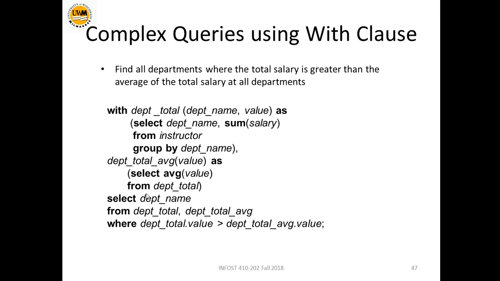We will create the average value, and then we use these two in the following query: select department name from department total and department total average where the department total.value is greater than the department total average.value. So I will select all the departments whose total salary is greater than the average of the total salary at all departments.